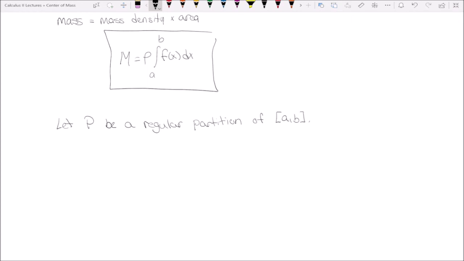Right, since we can choose any sample point we want, what we're going to do is choose the x-coordinate of the centroid of the rectangle for the interval x sub i minus 1 to x sub i.